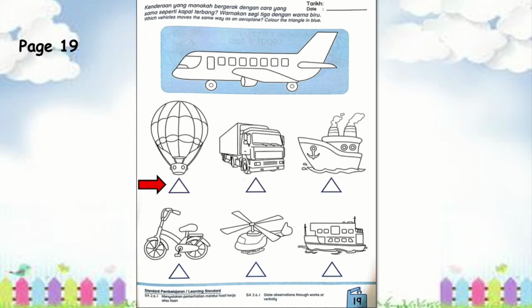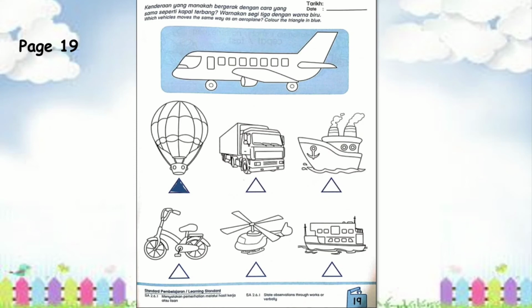So where does the hot air balloon move? Does it move the same way as an aeroplane, students? Yes, a hot air balloon moves in the air. So that is the right answer. So now let's take out your blue color and color the triangle there in blue.